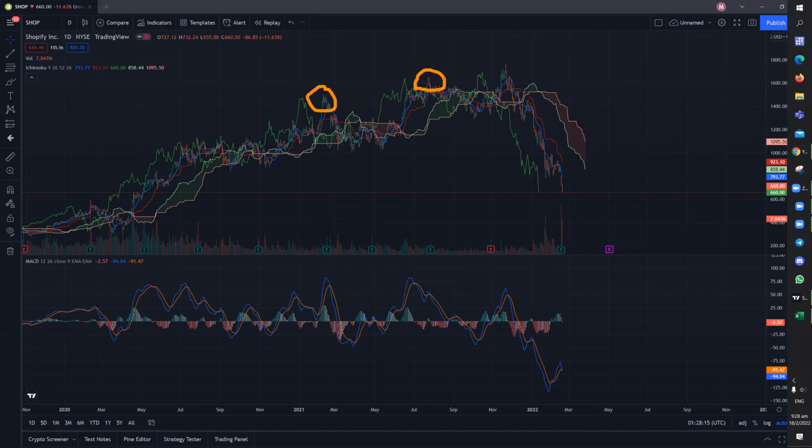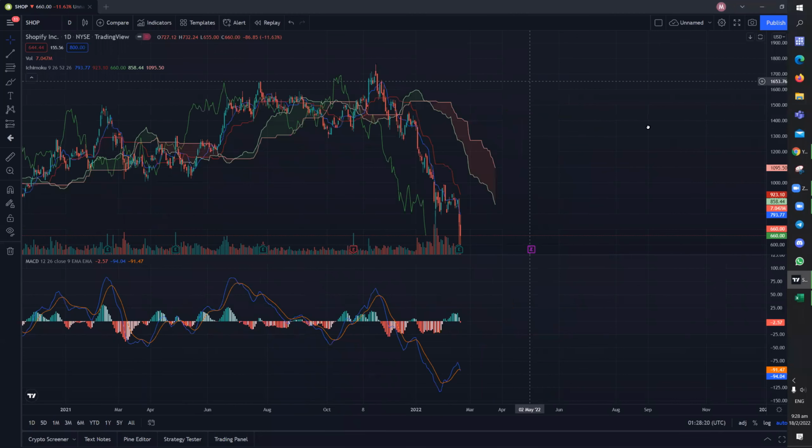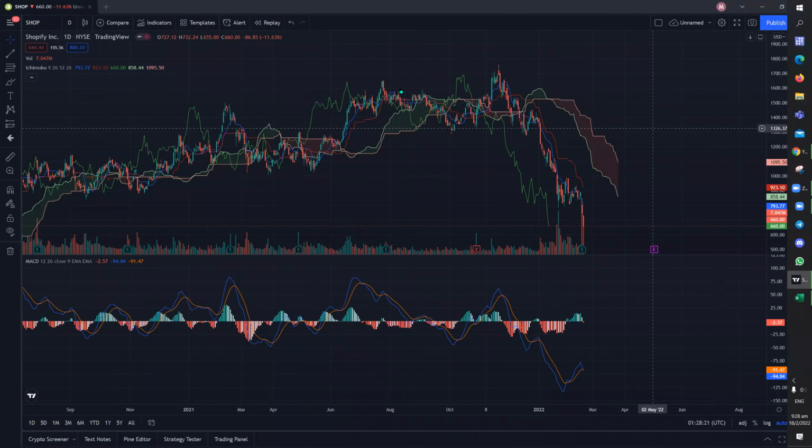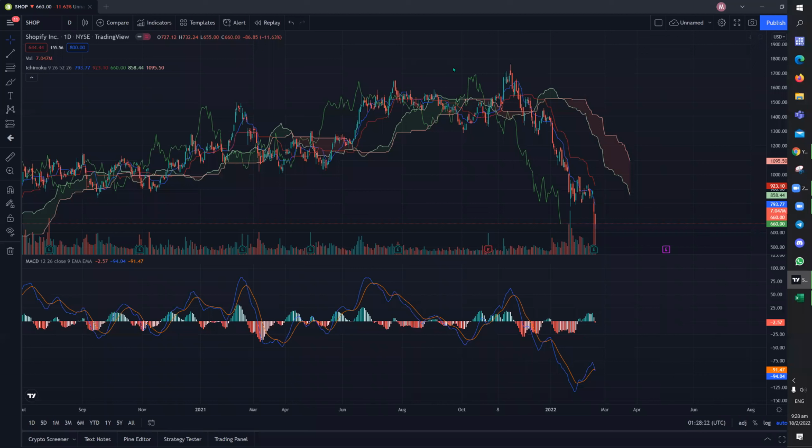If you were to zoom in further, you can see that at this particular time, there was also a last chance to get out or last chance to profit take. But of course, it's hindsight, so nobody will know. Looking back, you can see that this is a very bearish looking candle, even though we cleared this particular high.